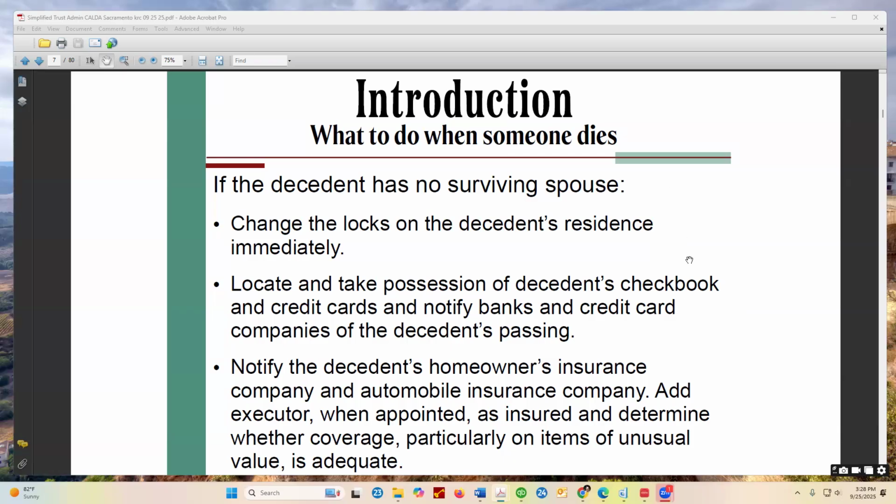Look around for possessions, checkbooks, credit cards. In most trusts, there'll be a Schedule A at the end of the trust. That's an idea of where some of the assets might be, but you might also end up looking in the mail that comes in. You might also put in a forwarding address so that the mail goes to the trustee rather than to the decedent's house.